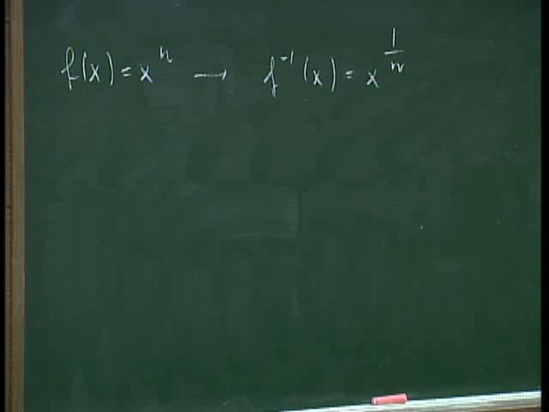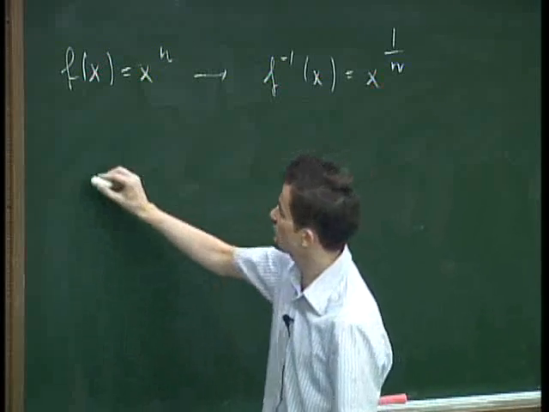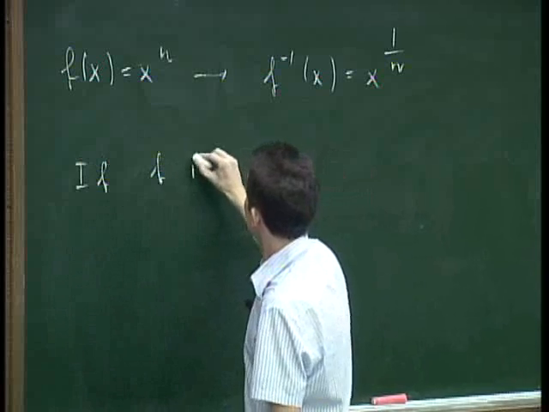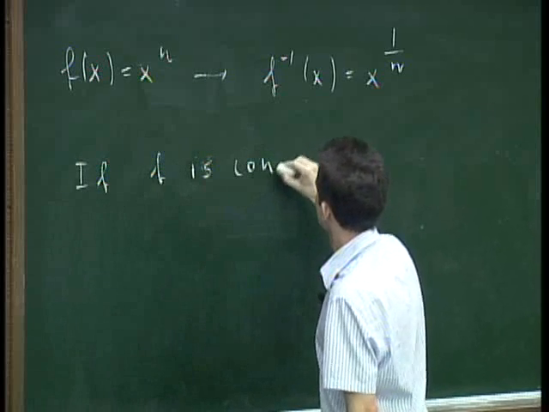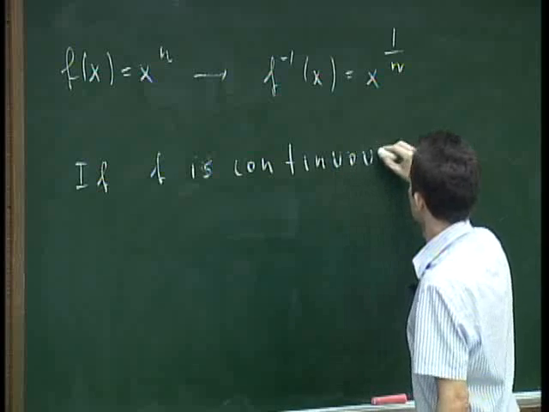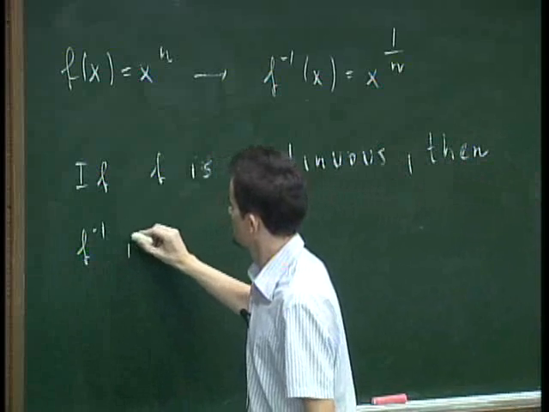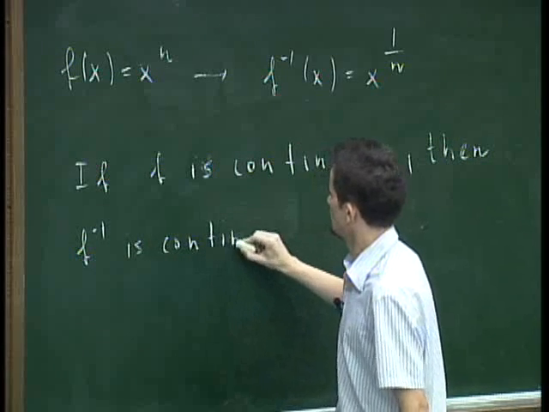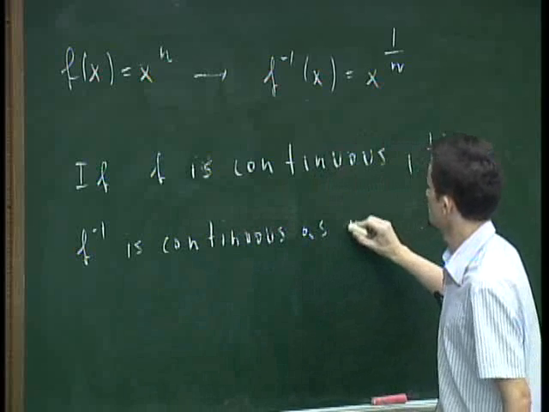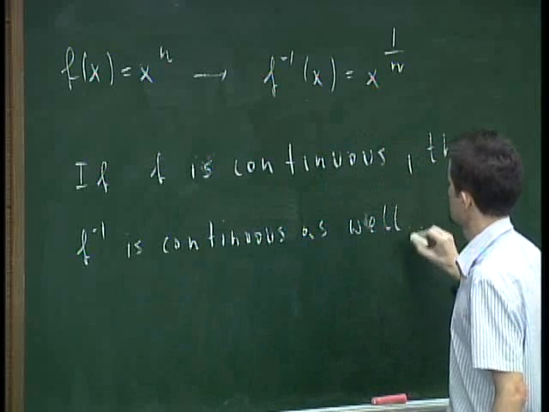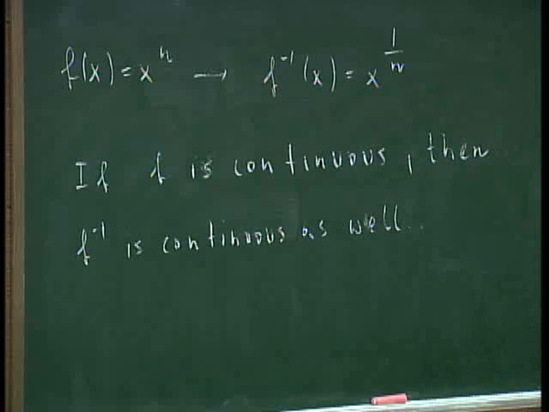Now, actually, this result really holds. So if f is continuous, then the inverse function is continuous as well. I'm not going to prove this. It's not so hard to prove, but just to give a general reason why this is true: you obtain the graph of the inverse function by reflecting about the line y is equal to x.